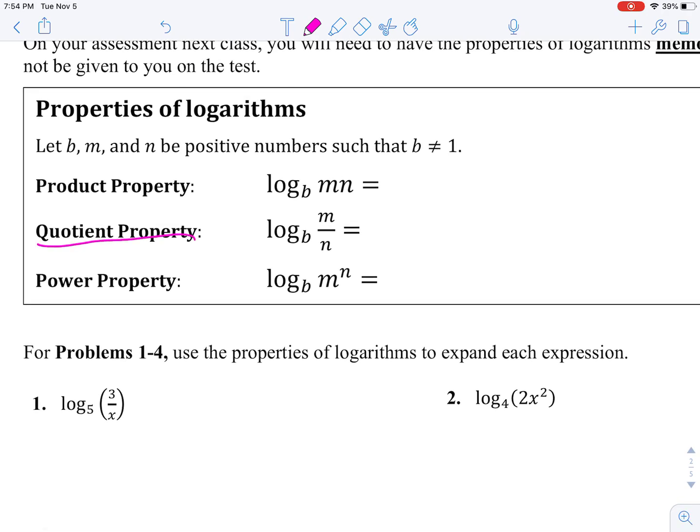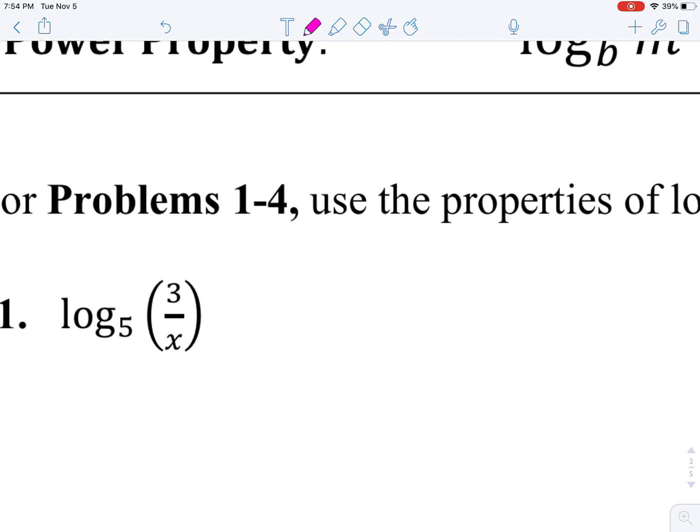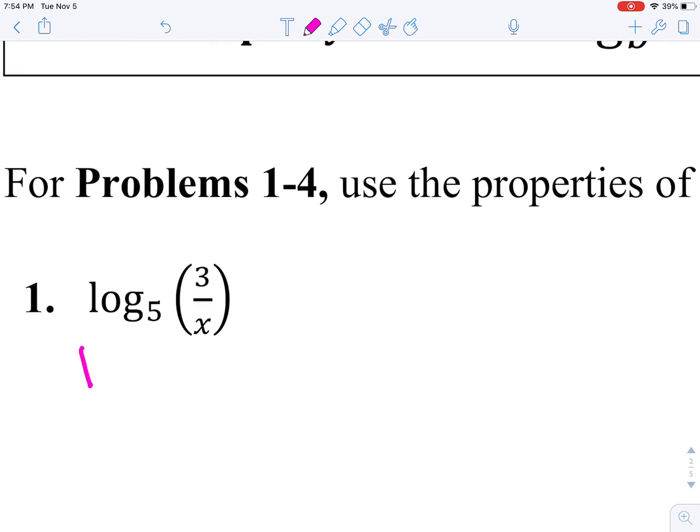So this one is a quotient property because we have 3 divided by x. So here I'm going to have log base 5 of 3. And remember, in exponent land, division is subtraction. Right? So all a logarithm is, it's an inverse of an exponential, and the same rules apply.